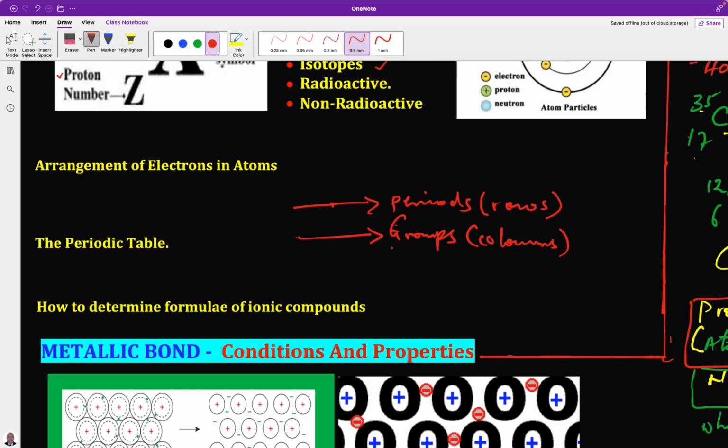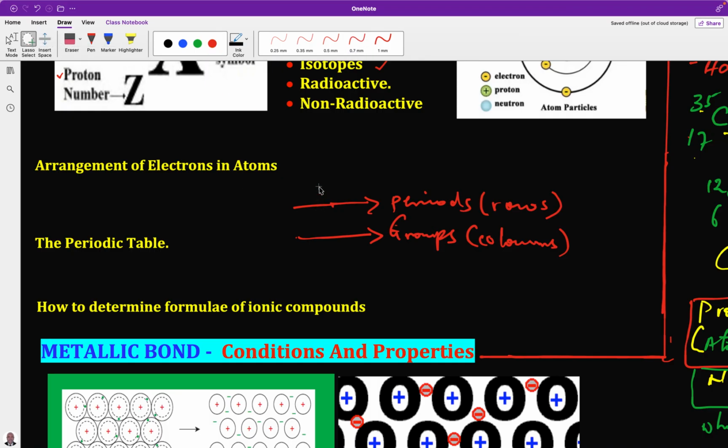So we say elements in the periodic table are arranged in order of increasing proton number. We are considering the first 20 elements of the periodic table. Elements in the same group have the same number of outermost electrons.